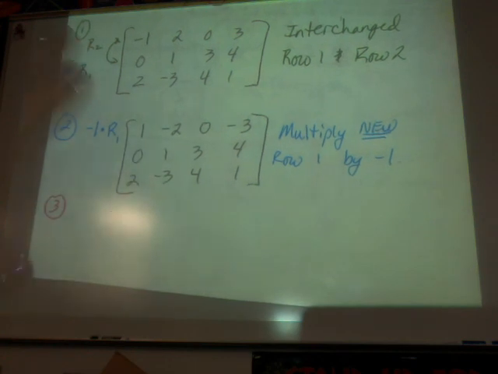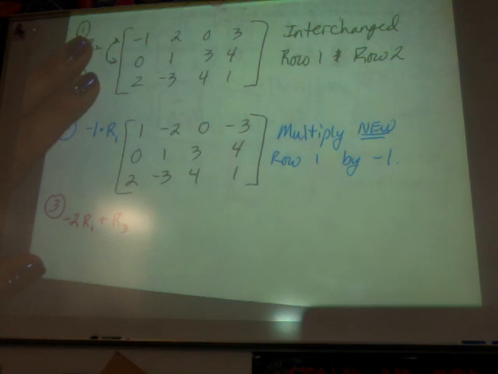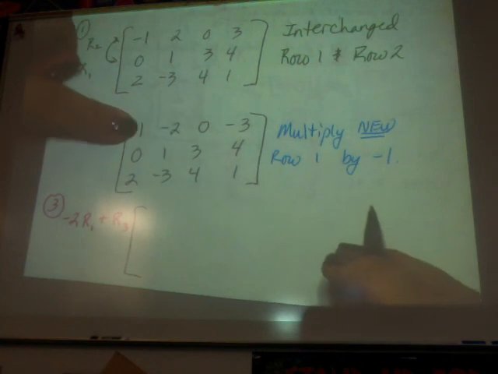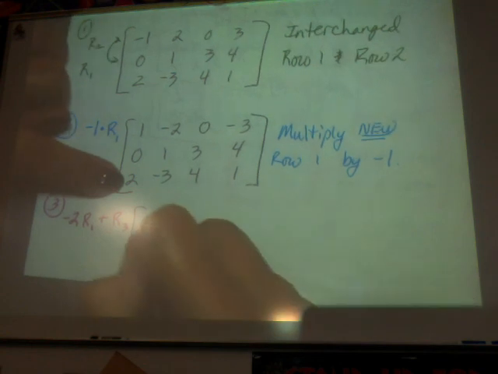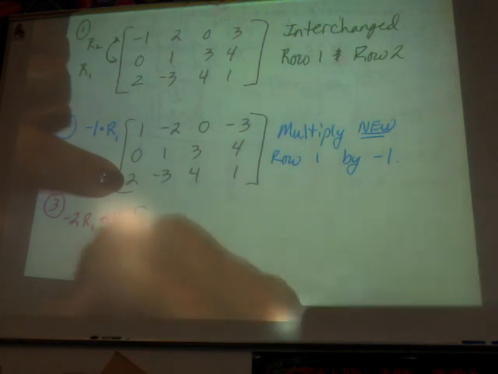So we're going to take negative 2 times row 1 and add that to row 3. This times negative 2 is negative 2. Negative 2 plus 2 is 0. So it's creating my new third row. I guess this is actually going down here.